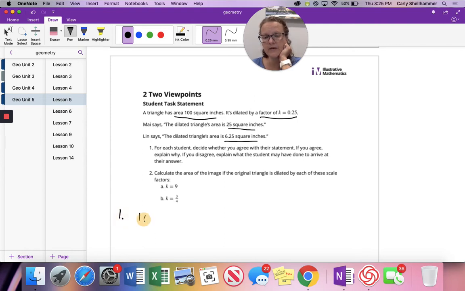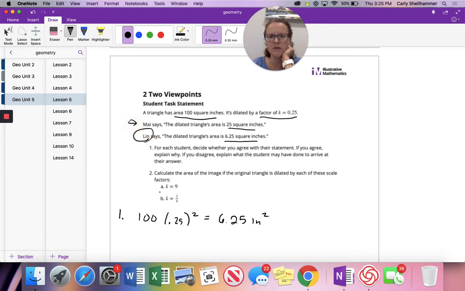So if the area is 100 square inches and we're dilating by a factor of 0.25, I actually want to square that. And that gives me an area of 6.25 square inches. So it looks like Lynn is correct.